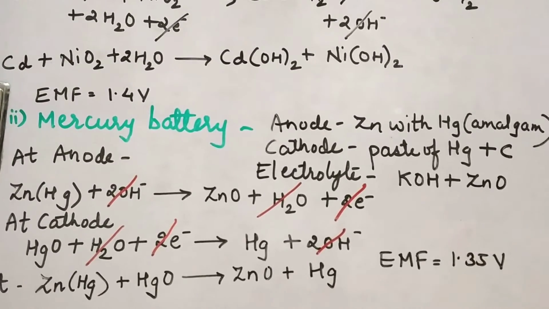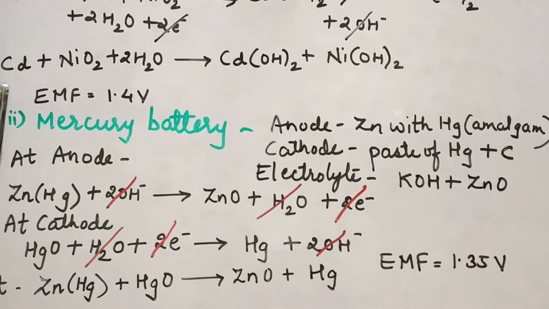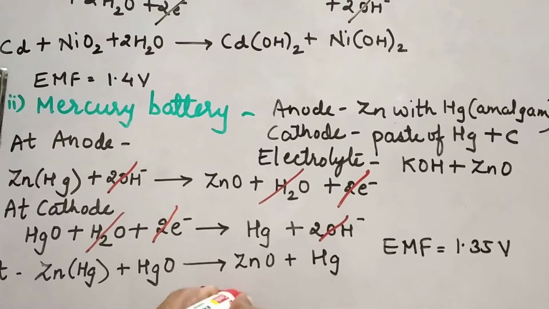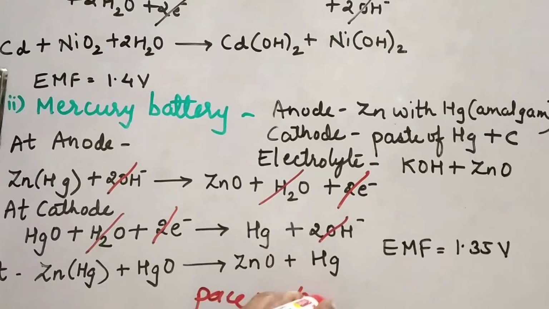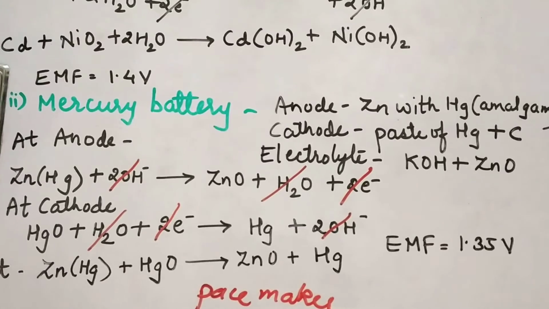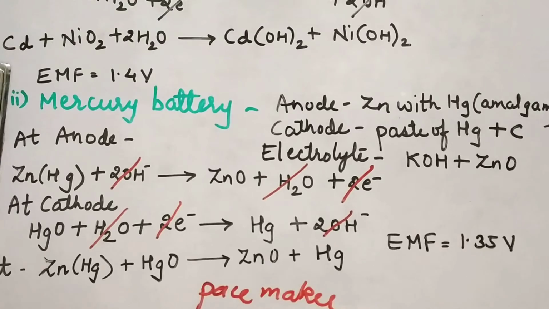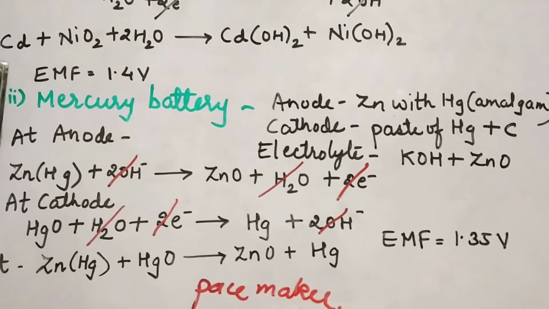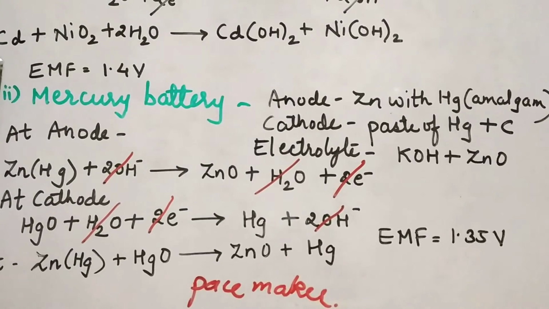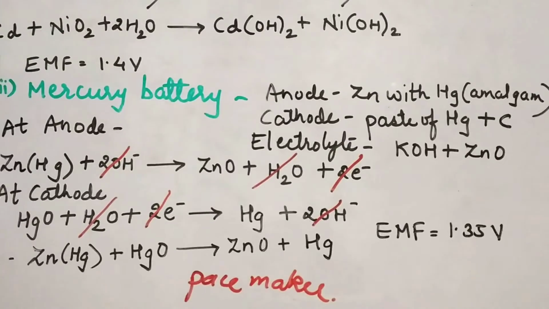This mercury dry cell is used in hearing aids, in electrical watches, and in pacemakers. A pacemaker is an instrument used in the heart, for proper working of the heart. Especially for people who have a problem in the heart, a pacemaker is fixed in their heart. In pacemakers, these mercury batteries can be used. So this becomes the advantage of the mercury battery.